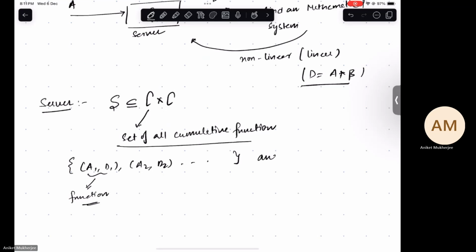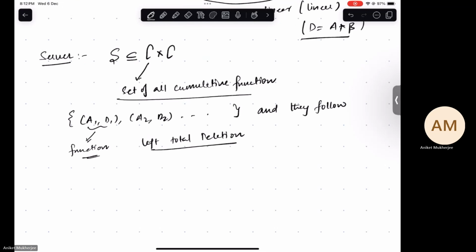And they follow a left total relation. What do we mean by left total relation? A is greater than or equal to D for all values of t belonging to 0 to infinity.